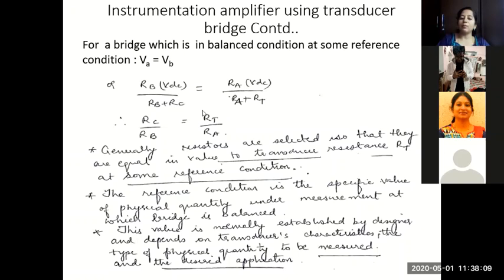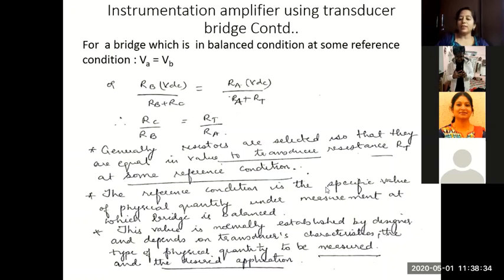To that base value of the thermistor resistance, which is determined at room temperature. So the reference condition we state here is the room temperature. At room temperature, whatever is the value of the thermistor resistance, that is RT. So usually we choose this condition.